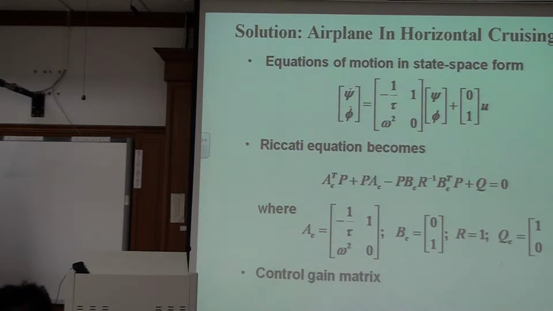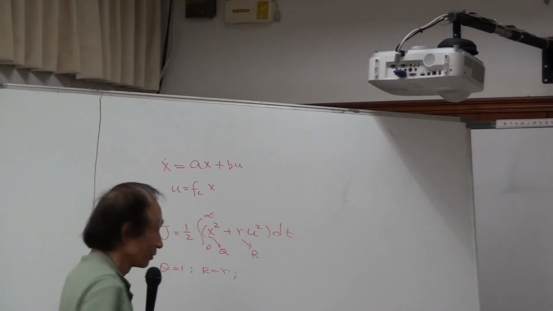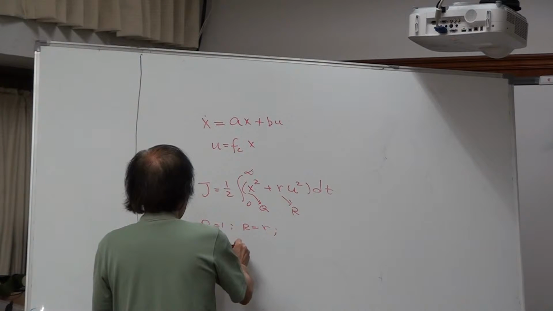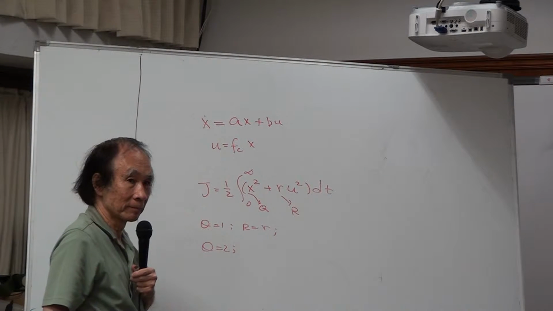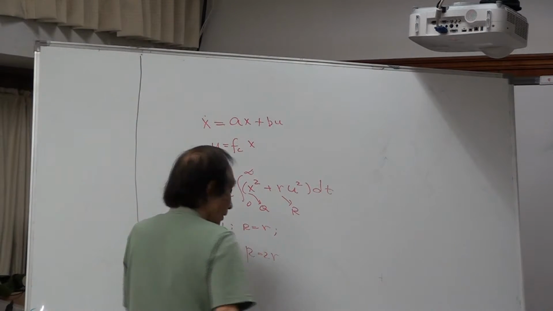Remember this one? I purposely note that this is supposed to be my Q, and this is supposed to be my R. Then I choose Q equal to 1 and R just equal to R, for my Riccati equation. Now, if I choose Q equal to 2, and my R equal to 2R, that's the same thing.